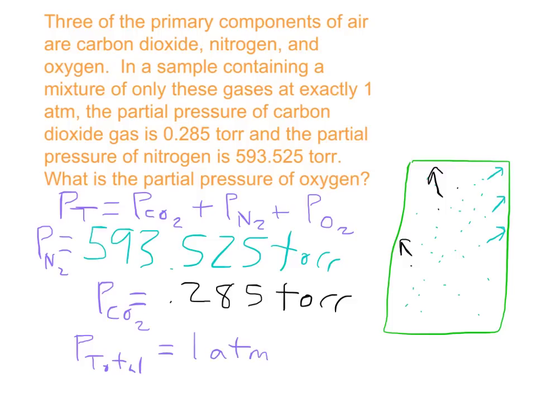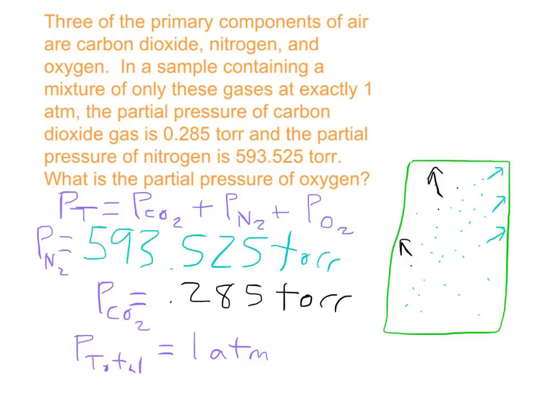So right now you should see that we have a problem. We have our pressures in nitrogen and carbon dioxide in the unit torr, and our total pressure in atmosphere. So we need to change either the torr unit to atmosphere or the atmosphere unit to torr. The easiest solution, I would think, is just to change the atmosphere unit to torr, because then you only have to convert one number to a different unit instead of both the torr units.